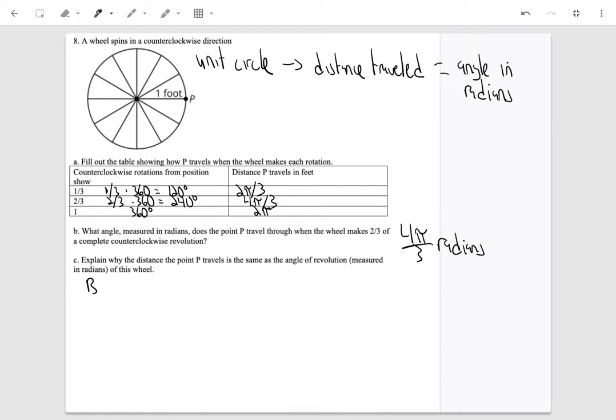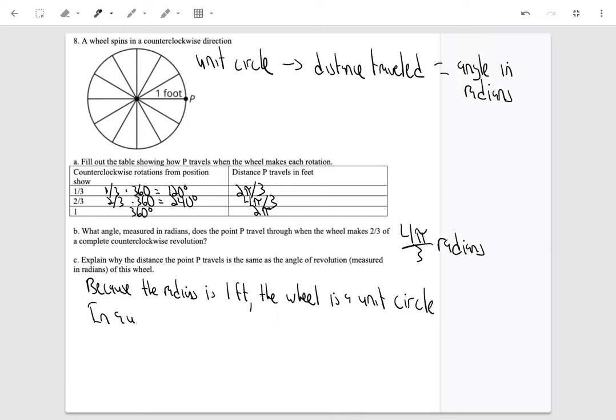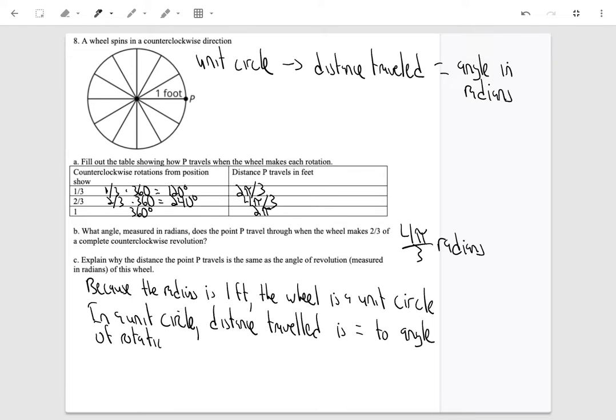Because the radius is 1 foot, the wheel is a unit circle, and in a unit circle, distance traveled is equal to the angle of rotation in radians.